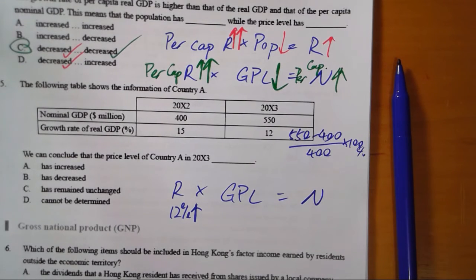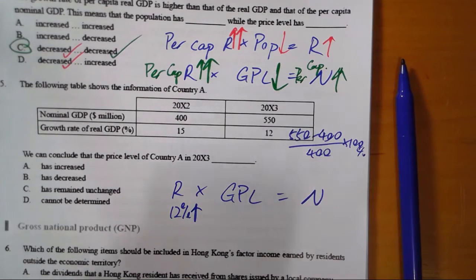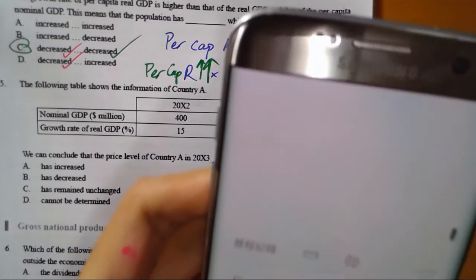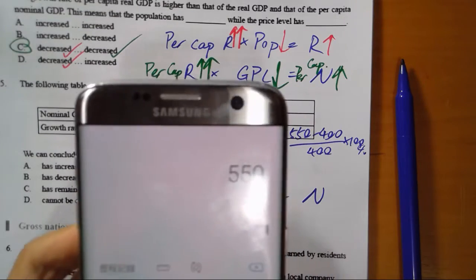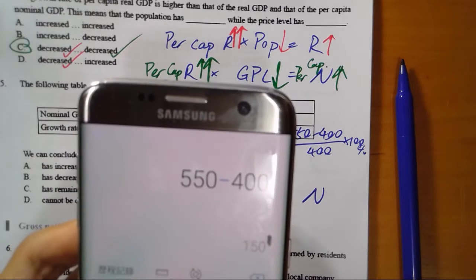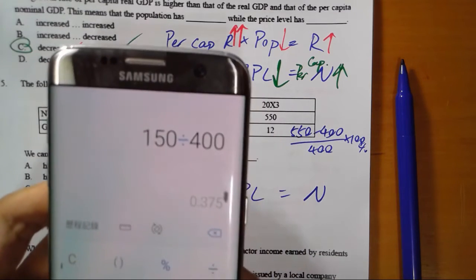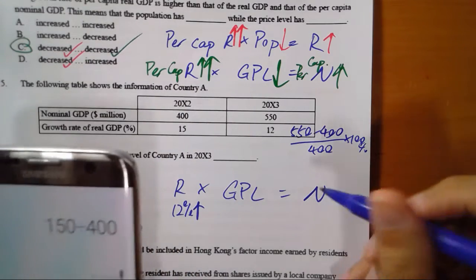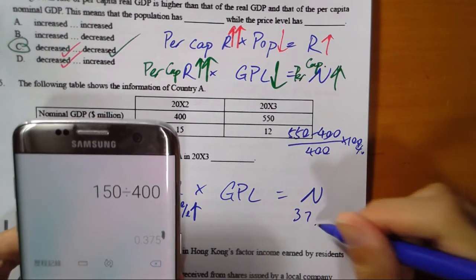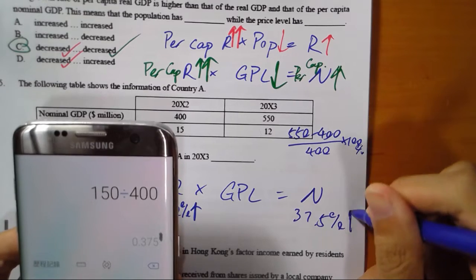Okay, let's actually do the calculation again. 即係撳下機啦，好嘛？Here 550 minus 400. Here 1 divided by 400. It actually will be this amount of increase.